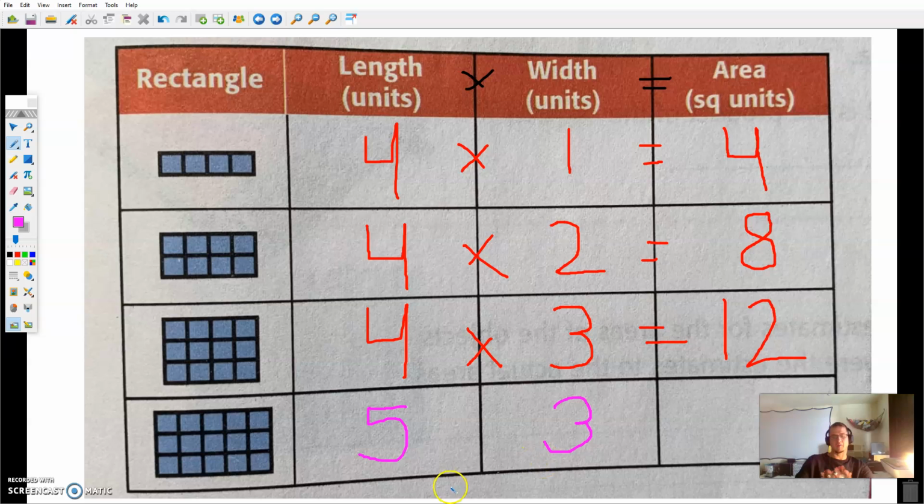We're not actually going to count these ones this time. But if you just do 5 times 3, what do you get? Okay, hopefully you said 15. So if we were to count 1, 2, 3, 4, 5, 6, 7, 8, 9, 10, 11, 12, 13, 14, 15 square units.